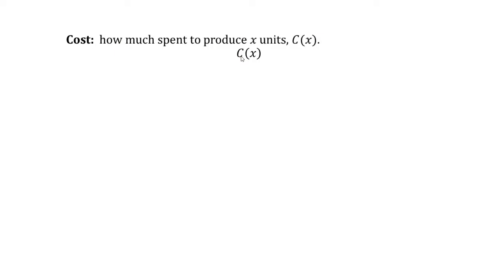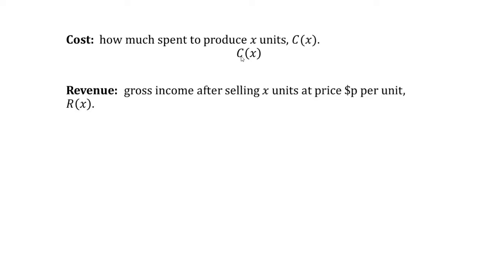Once you have determined how much it costs to produce X units and then eventually sell them away, the next thing is that we are going to sell them. So it comes to revenue. Revenue is defined to be the gross income after selling X units at a price of, say, P dollars per unit.